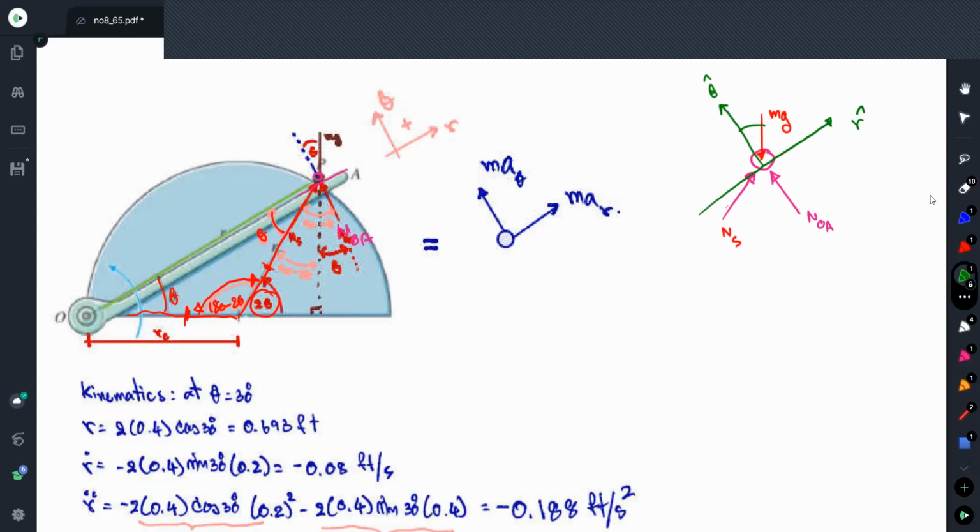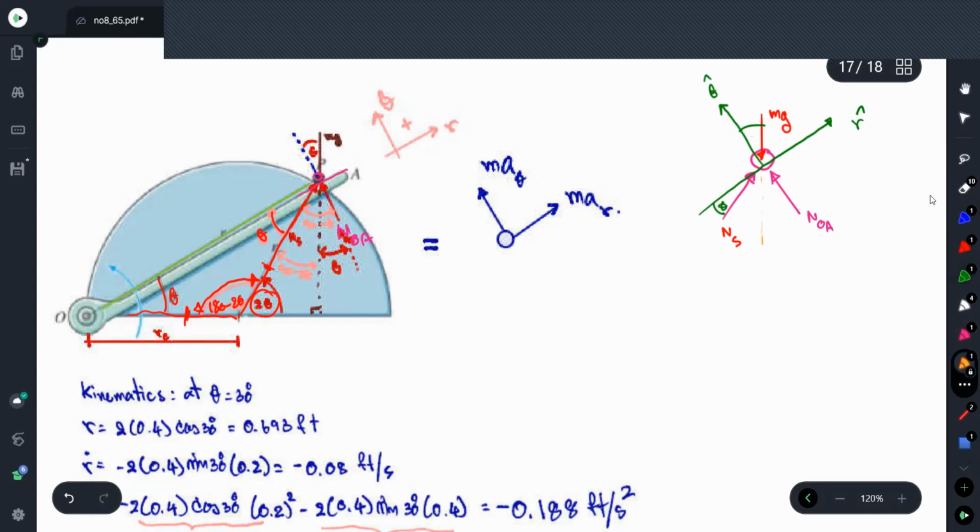We already know this should be theta. From the projection of this line, we know this should be 90 minus 2 theta, because we already know this is 2 theta. If we consider this triangle, this is 90 degrees and this is 2 theta, so this should be 90 minus 2 theta, right?